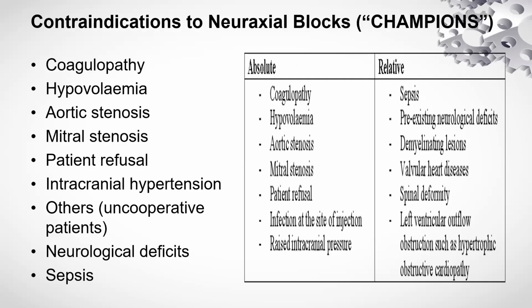Let's go to contraindications. By now, I like mnemonics, so CHAMPION. All right, so we have CHAMPION as our mnemonic for contraindications to neuraxial block: C, coagulopathy; H, hypovolemia; A, aortic and mitral stenosis, these are fixed cardiac output states; P is patient refusal; I, intracranial hypertension; O, all right, there are others, including uncooperative patient, neurological deficits, and sepsis.